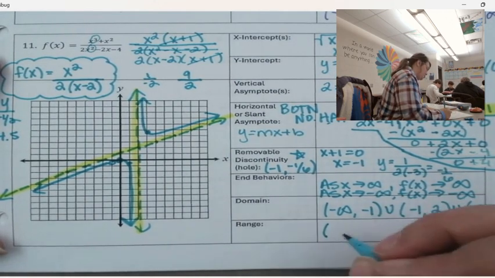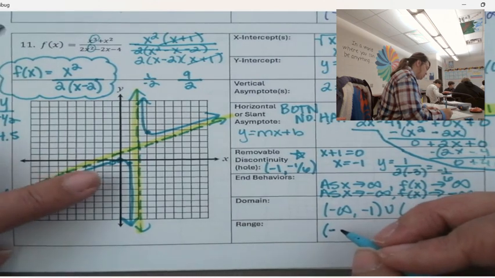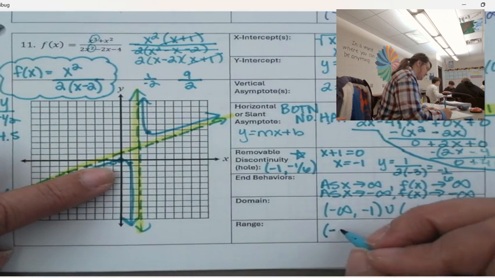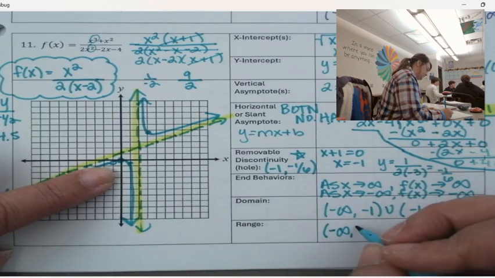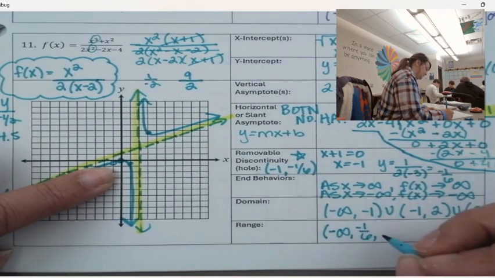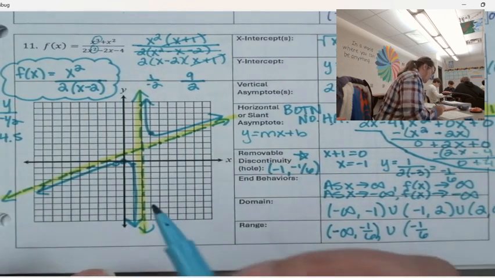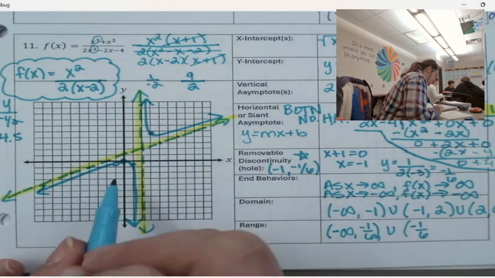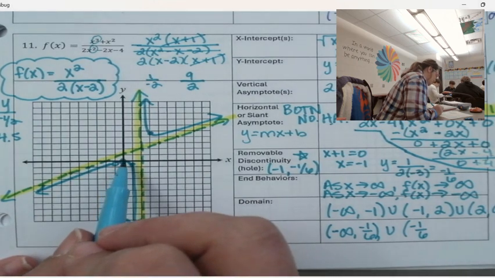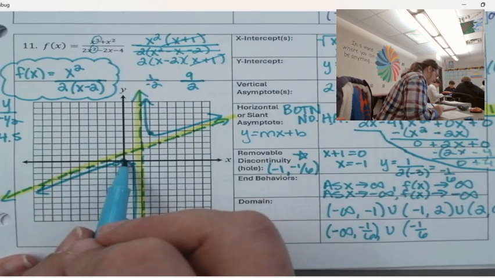And for my range, I'm going to jump the hole, which is at -1/6. Wait a minute. This is weird. Where does my range stop right here? 0. And 0 is included, right?